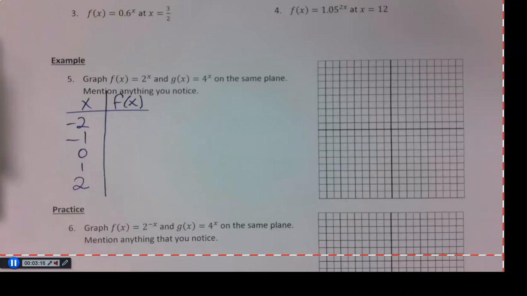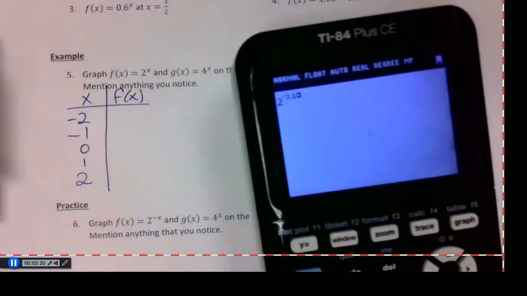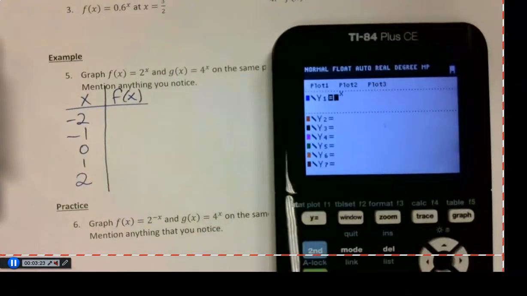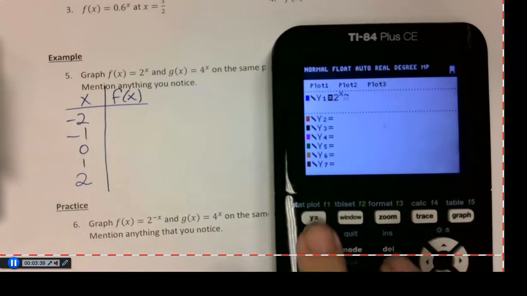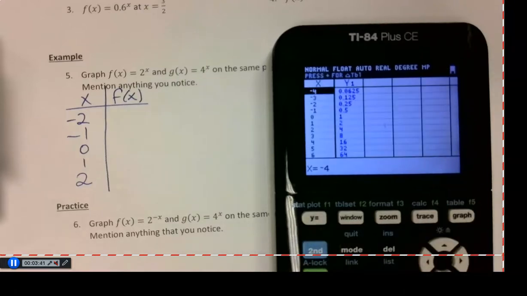Okay, so then what I want to do is go to the y equals, and I want to type in 2 to the x exponent, like I have here. Then I'm going to go second graph, and it gives me a table of values.